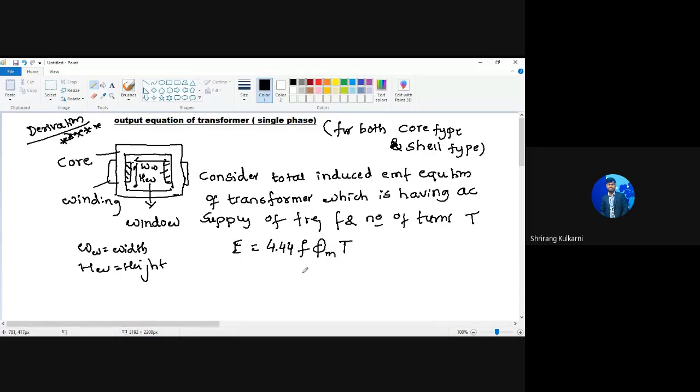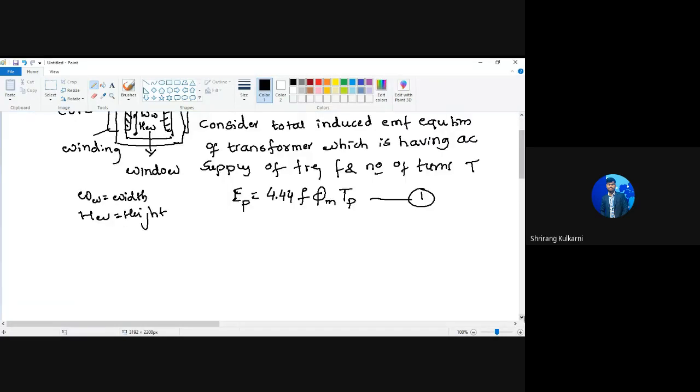If you take the primary winding, the EMF induced with respect to the primary winding, you can write EP and TP. We are taking this as equation number 1.